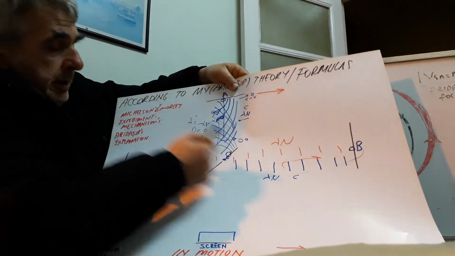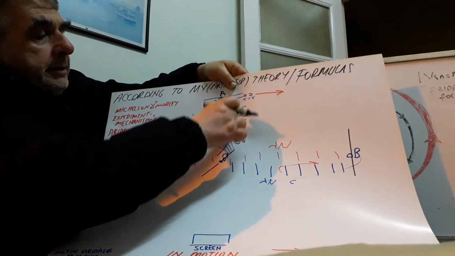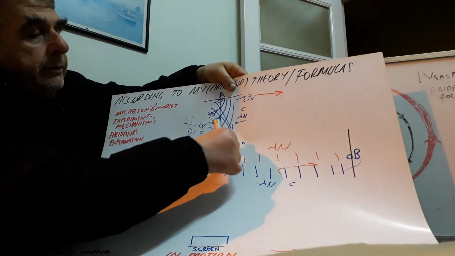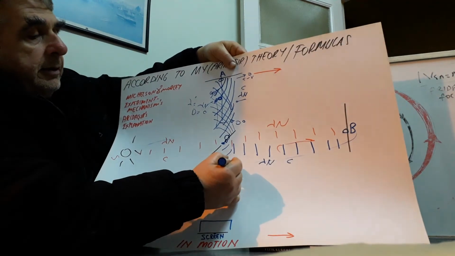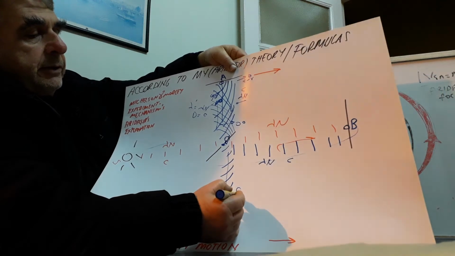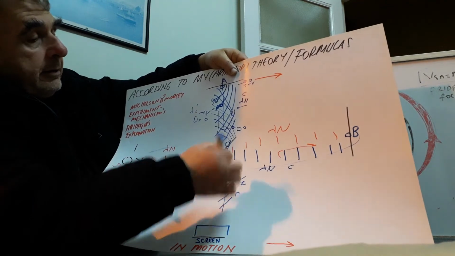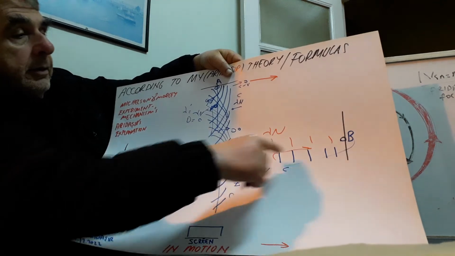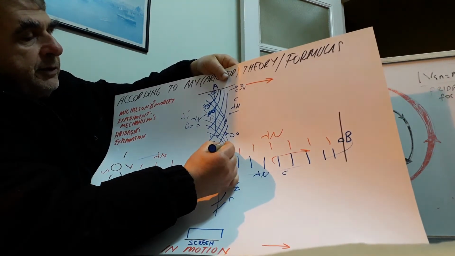Then it comes in from the leak of the mirror through the screen. Doesn't change. C velocity and lambda n wavelength, from A to the screen. And from B to the center.